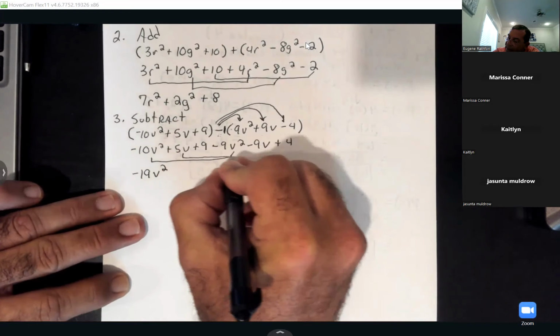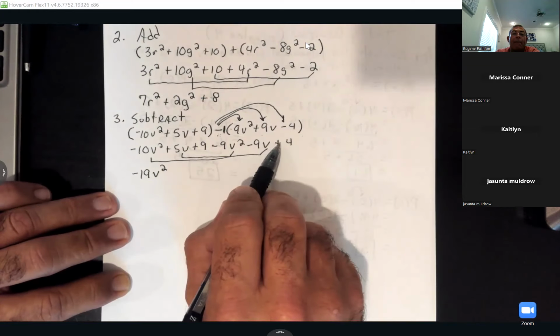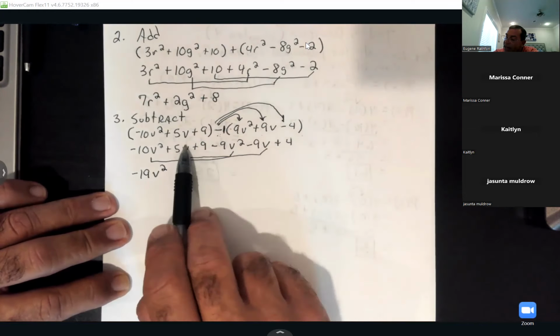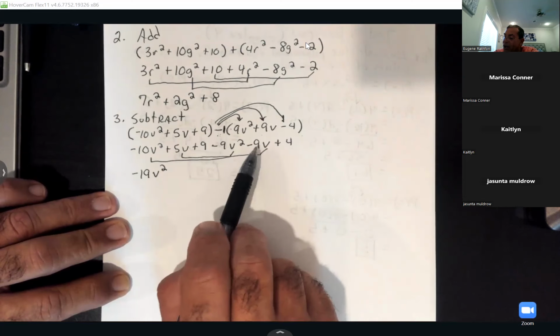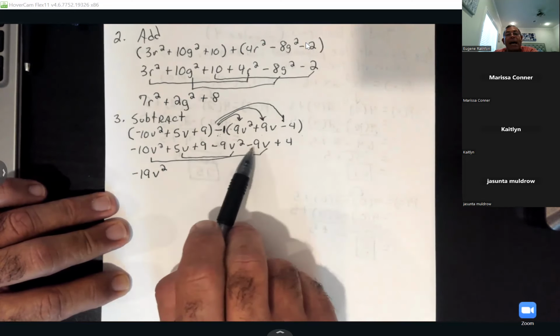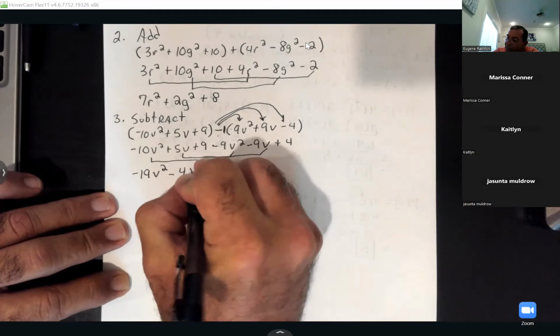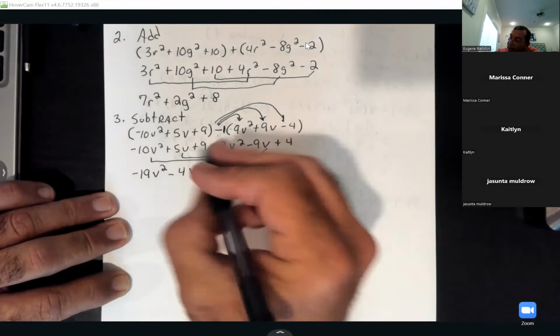Right, this 5v adds to that -9v. So now remember, these are unlike signs, so you subtract the numbers. 9 minus 5 is 4, but you give it the sign of the larger number. So my larger number is negative. That'll be a -4v.